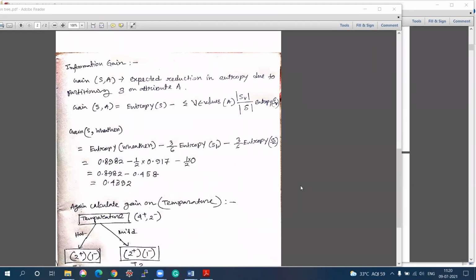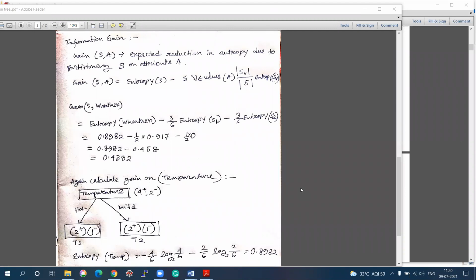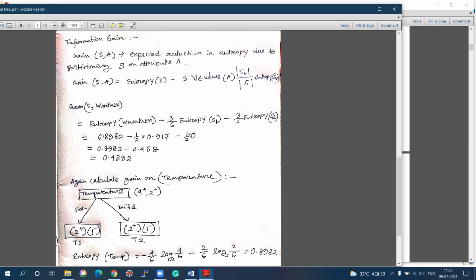so we have calculated all the entropies. Now we will come to the information gain. What will be the information gain? So information gain is something like that. We have to calculate information gain, that is the expected reduction in entropy due to partitioning S on attribute A. So S is our decision tree.